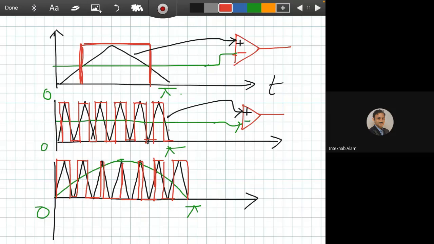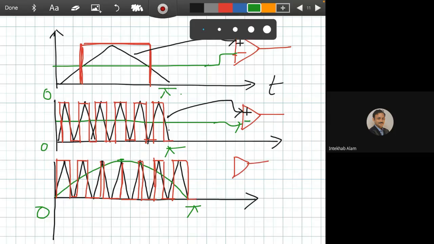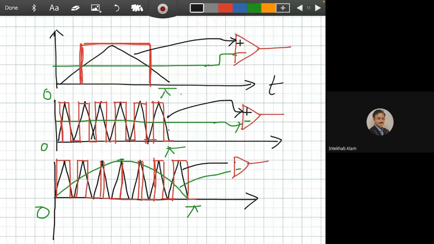Okay, can you understand? The green one is also compared here with the black one, and we have that output. This one is the green one, minus, and this one is the black one, plus, and here is the output.